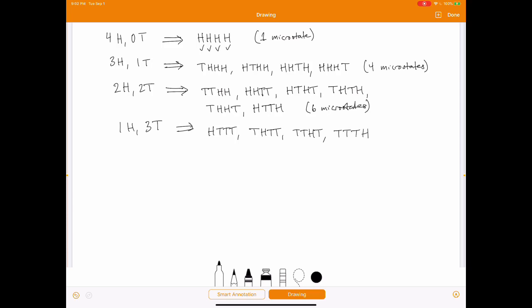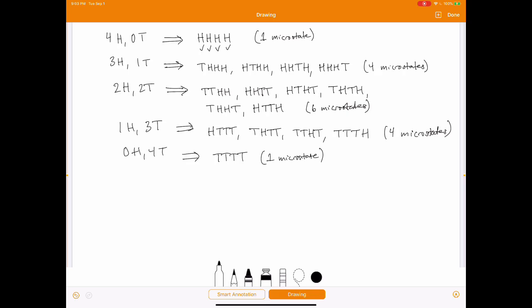As far as 0 heads and 4 tails, there's only one way that can happen, which is just tails, tails, tails, tails. So there's 1 microstate here. And then I forgot to write that there are 4 microstates over here where you get 1 heads, 3 tails.